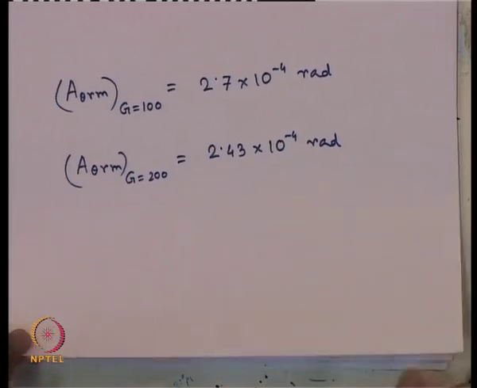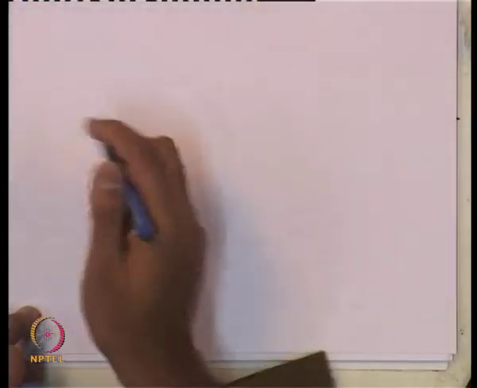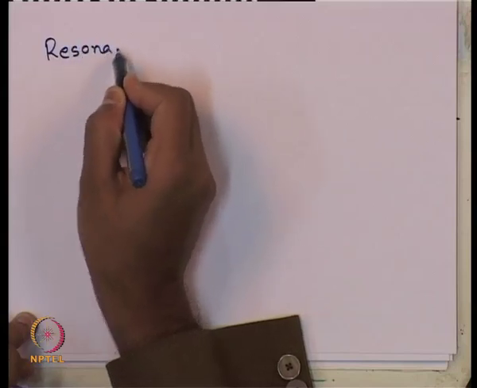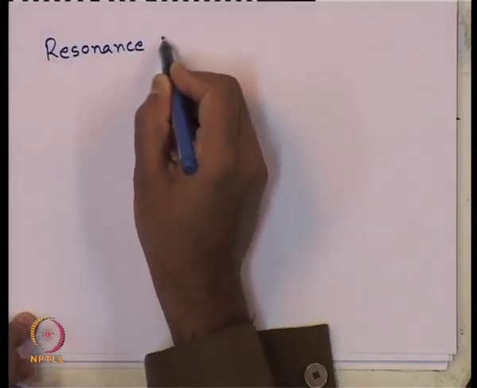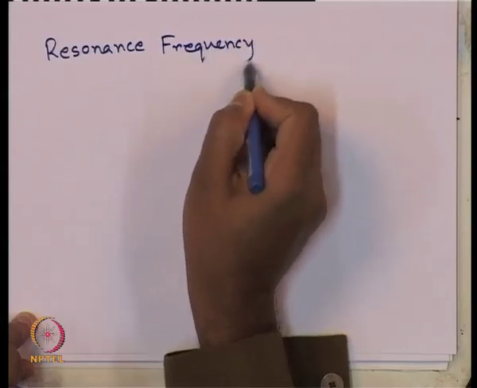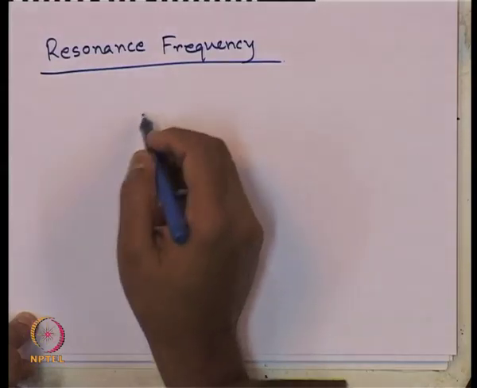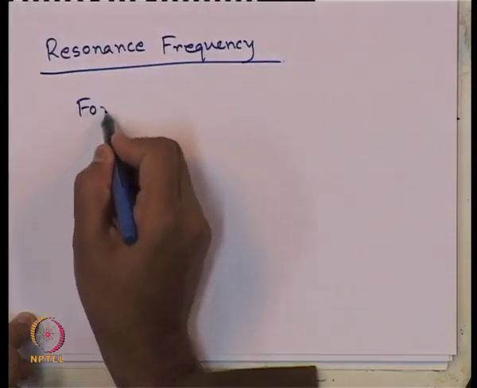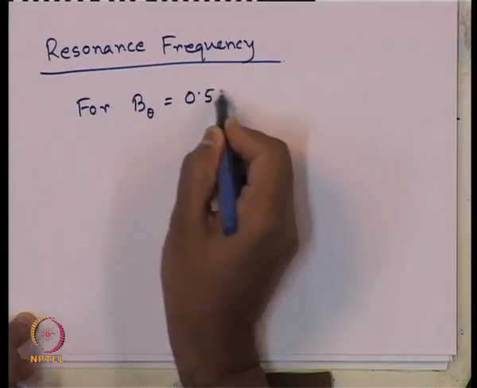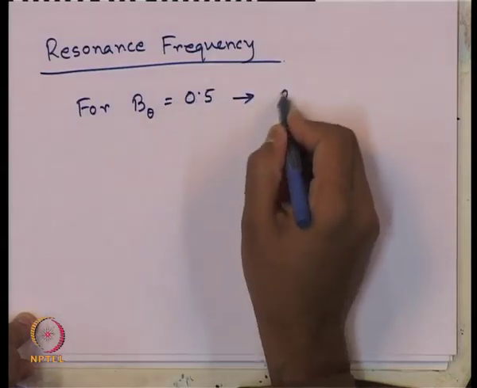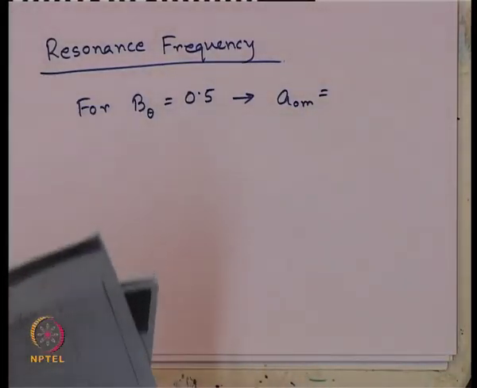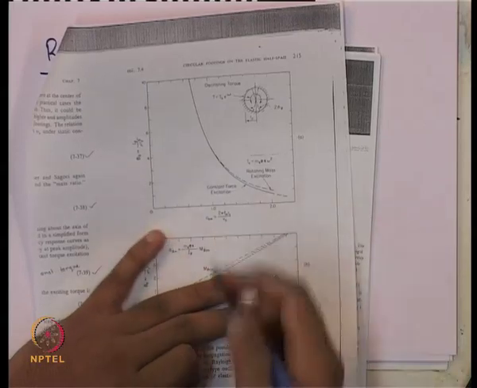Now, what is the resonant frequency we need to compute? For the value of Bθ we had calculated as 0.5, A naught m we need to calculate for this Bθ equals to 0.5 from this design chart.